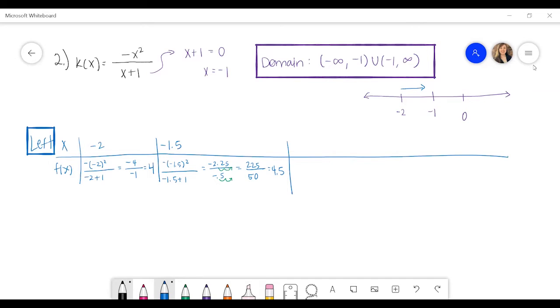Okay. And then how about negative 1.1, right? That's a little closer. I can draw some of these in as we go.